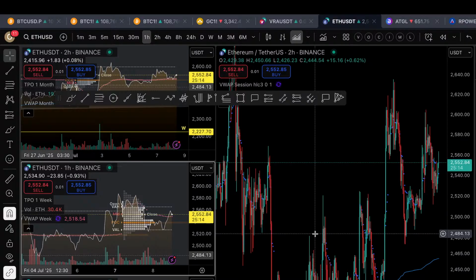Bitcoin has been an amazing asset class. High time frame weekly, support on the point of control.